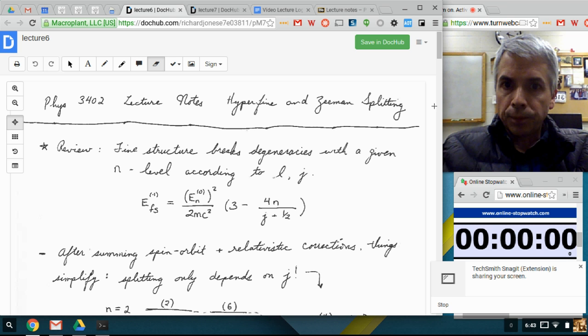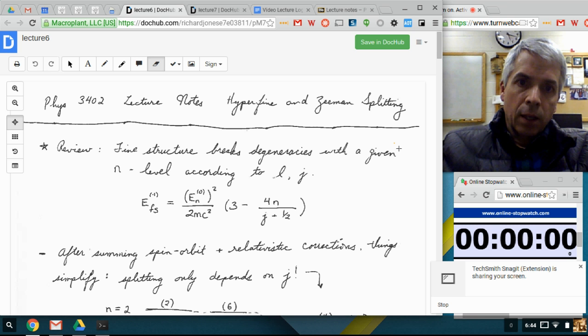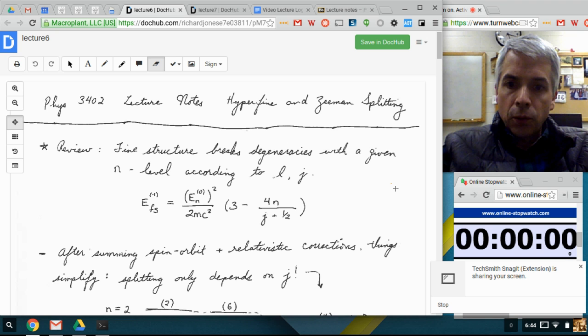We started off trying to look at the magnetic perturbations to the standard Coulomb Hamiltonian to the hydrogen atom. And we found out that to leading order, there were two contributions. One was the relativistic correction to the kinetic energy, and the other one was a magnetic correction to the potential energy.